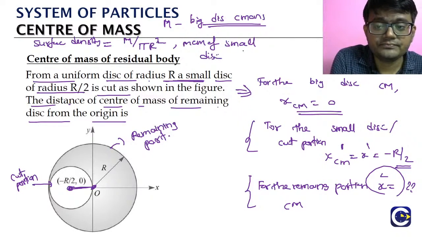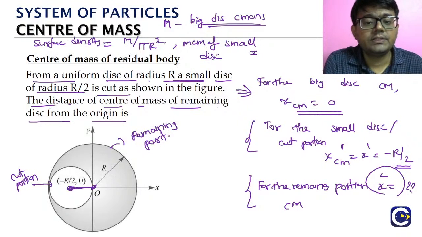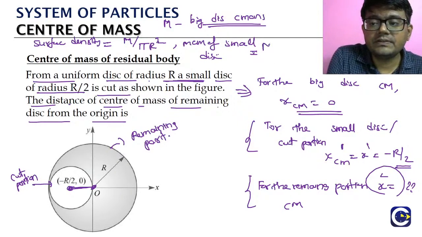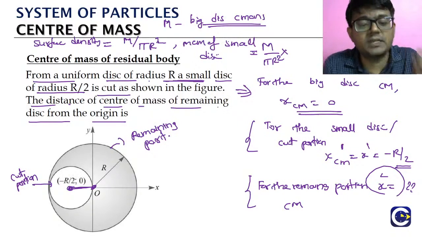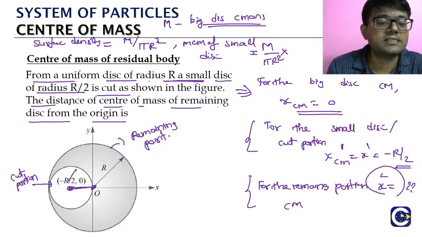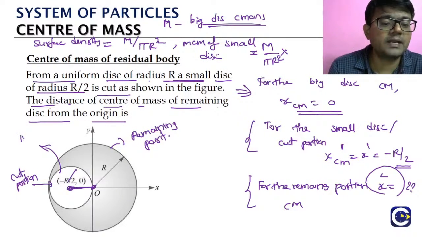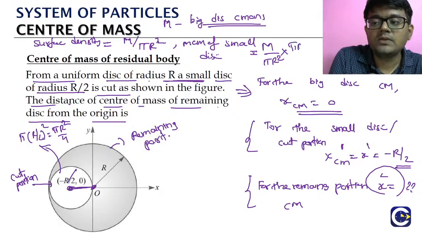Eppadi? Just the surface density multiplied by the area of the small disk. இங்க பாருங்க, what is the area of the small disk? The small disk ஓட ஏரியா எவ்வளவு வரும் பாருங்க, pi into r by 2 the whole square, which is pi r square by 4. ஓகேவா? So pi r square by 4, which நம்ம மல்டிப்ளை பண்ணா என்ன வருது, pi r square cancel ஆயிடும்.